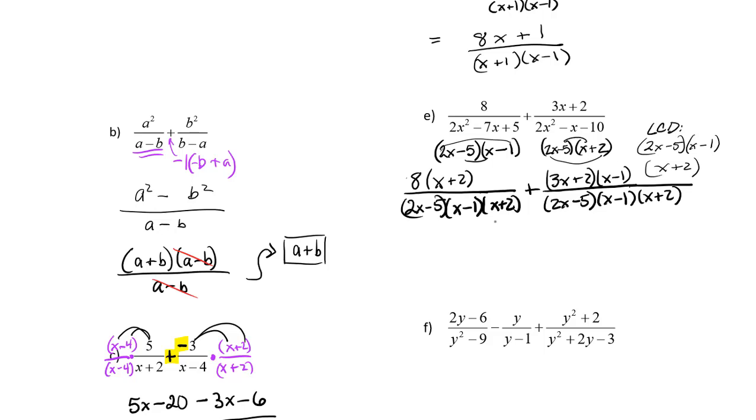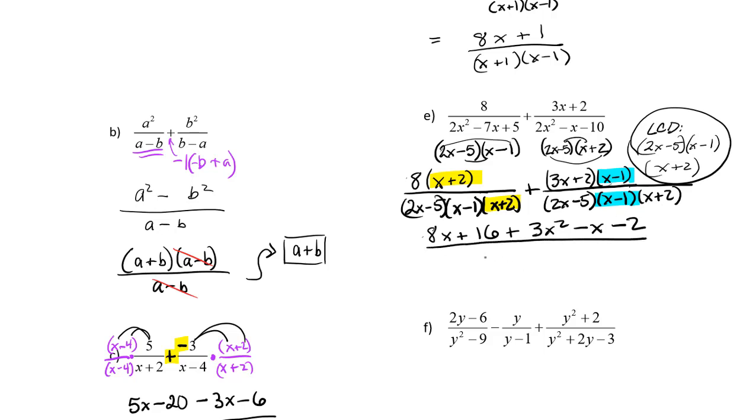Now don't reduce those out. That's the whole point of putting them in there, is that you want the denominators to match. So leave them in there. Now we're going to distribute and FOIL. I'll have an 8x plus 16 plus 3x squared, so negative x minus 2. Don't get this LCD confused with what I'm doing here.